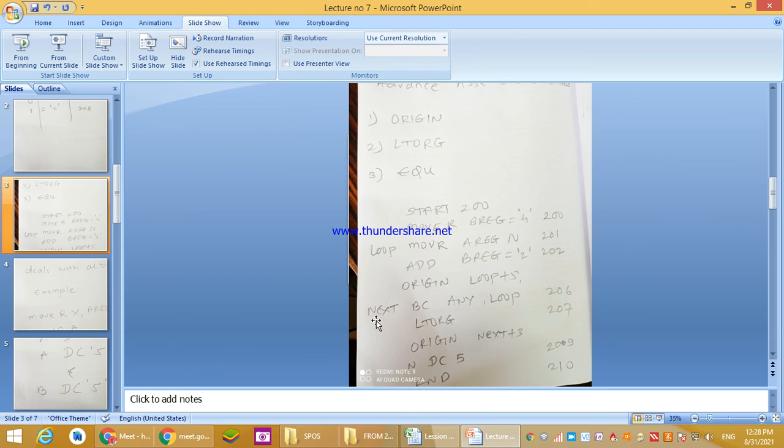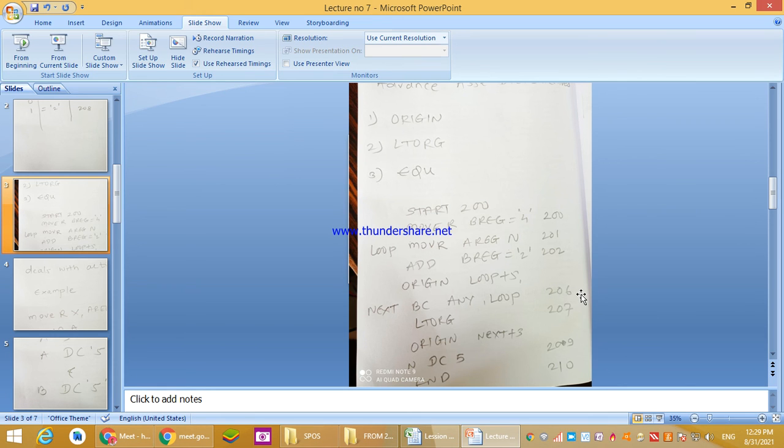Then on the next line there is again a label, next. Again there is some code, BC any loop, and the memory location 206.